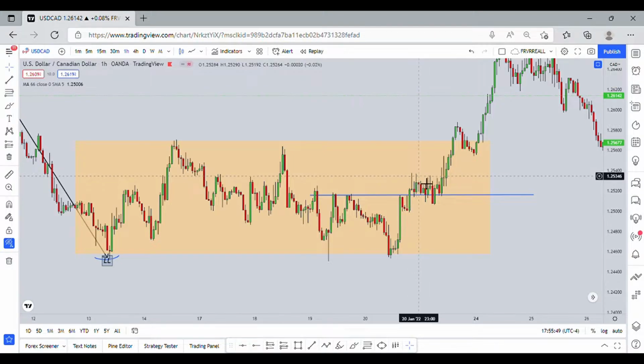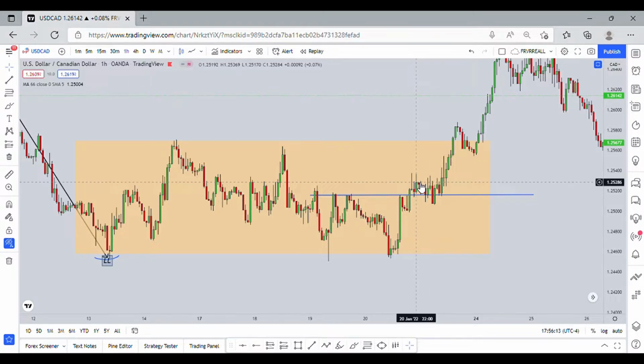So now we identify that price is most likely going to keep going higher, because it formed a higher high, and that's structure. That's what determines an uptrend, right?